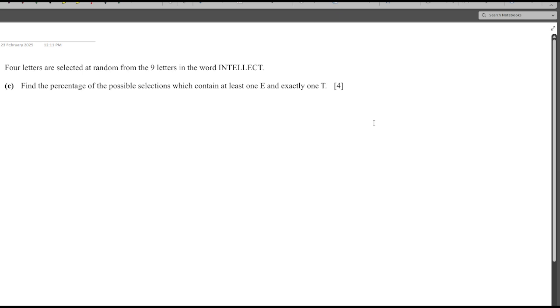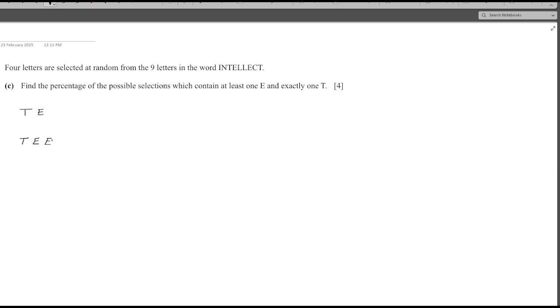Find the percentage of the possible selections which contain at least one E and exactly one T. So I have exactly one T, and I should have at least one E. So it could be a T E kind of selection or a T E E kind of selection.